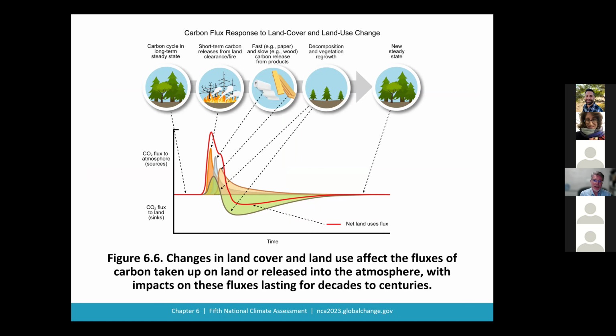Another topic that we looked at in detail in the chapter was the ability of the land system to provide the goods and service of climate change mitigation themselves. So we know that half of the carbon that humans put into the atmosphere through fossil fuel and other kinds of actions is taken back out of the atmosphere by the combination of ecosystems on land and biological and physical processes in the ocean.